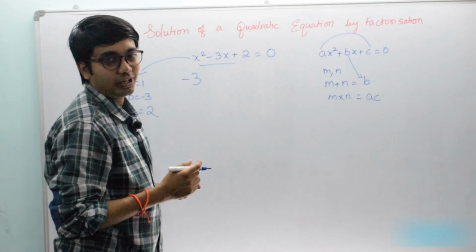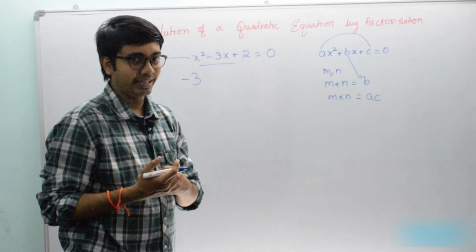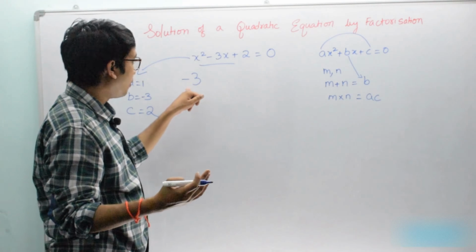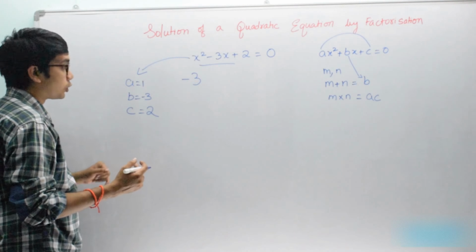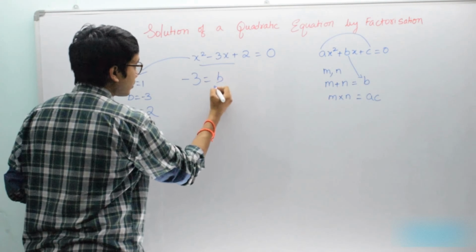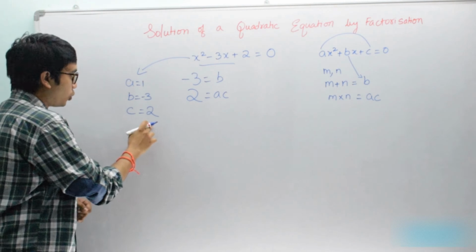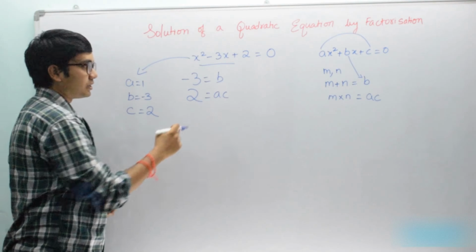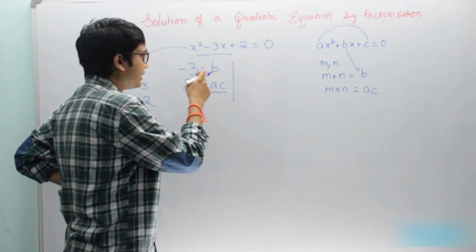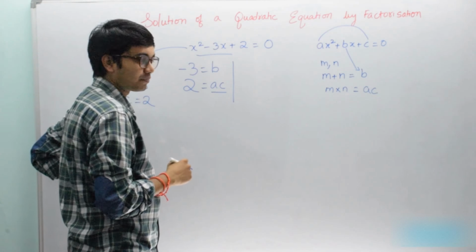As per the rule, the coefficient of x should be split into two numbers m and n such that the sum should be equal to minus 3 and the product should be equal to 2 here. 2 into 1 is 2, which is equal to ac. So here I should find two numbers in such a way that their sum should be equal to minus 3 and their product should be equal to 2.